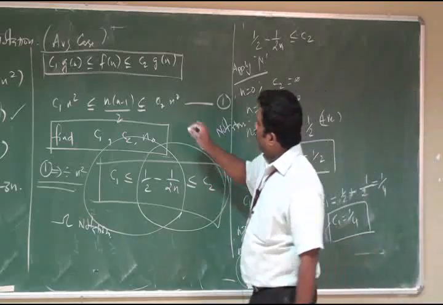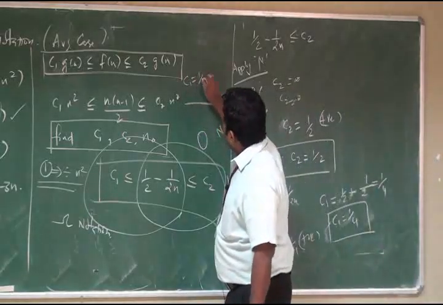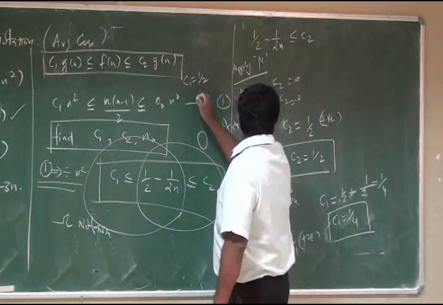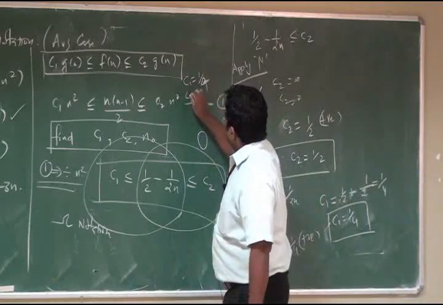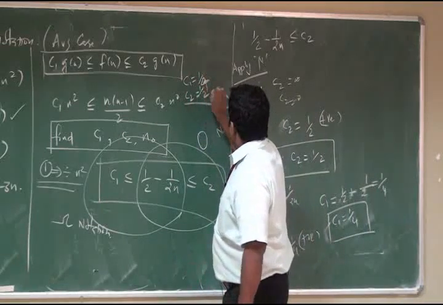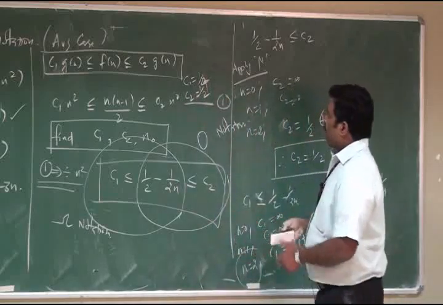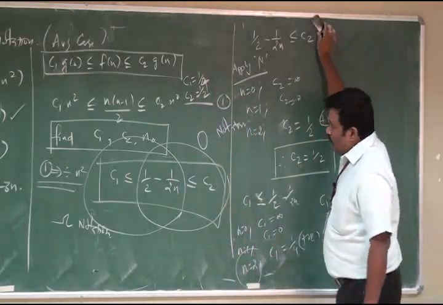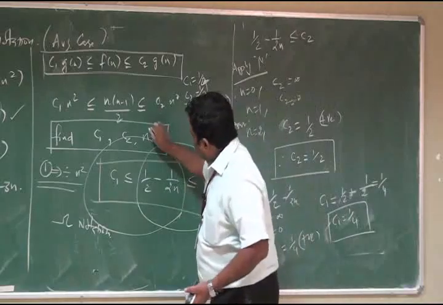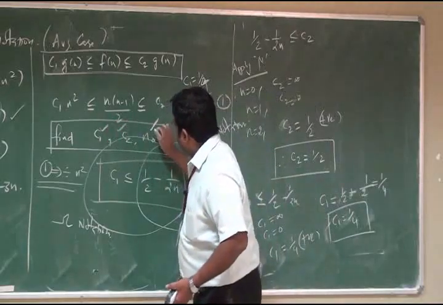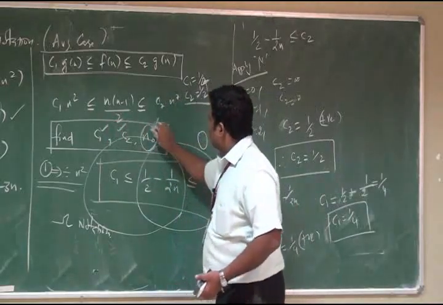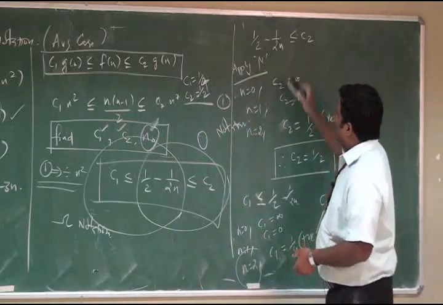So now you have determined that C1 is equal to 1 by 4, sorry, and C2 is equivalent to 1 by 2. After finding these values, you are supposed to determine n naught now. These values have been calculated, now you have to calculate n naught. Let's see how to find the n naught value.